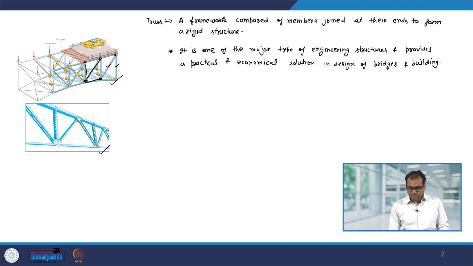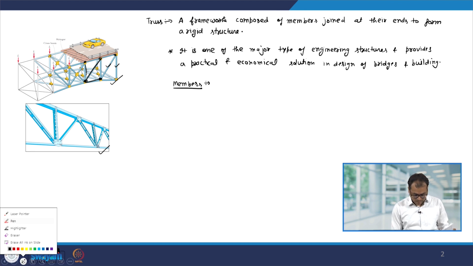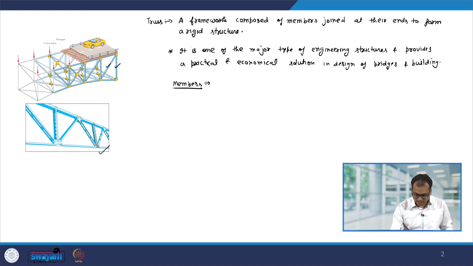Now, as you can see here in the truss there are many components. So, the first one is the member. These members are nothing but these beams that you see here. So, for example, this one, this one, this one, this one and this one, they are the members. Basically they are bars or they can be I-beams.